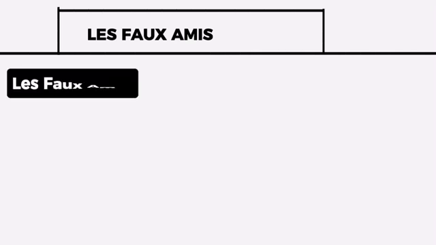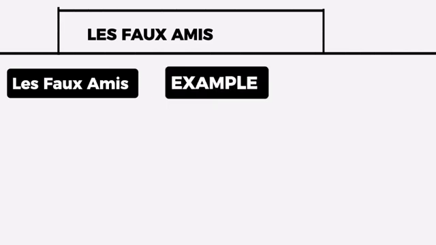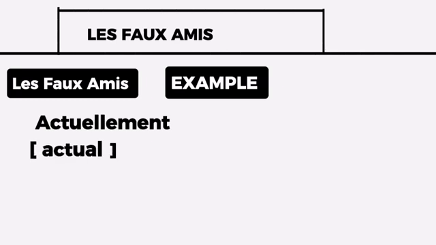This is because les faux amis are words that look similar to English words and also sound similar to the English words but have completely different meaning in French. A very common example is the word "actuellement." Actuellement. This word looks and sounds similar to the English word actual, but the real meaning of this word in French is currently.